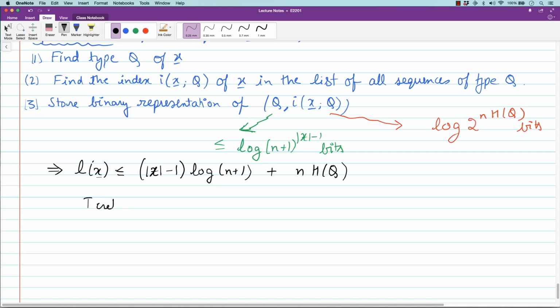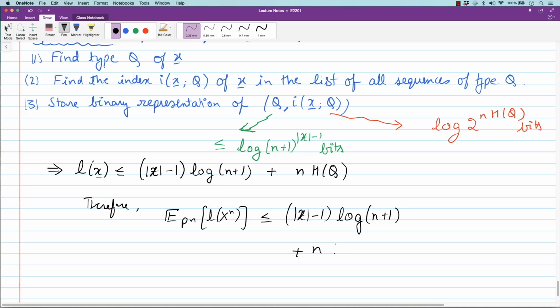Therefore, the expected length under P^n is less than or equal to that plus n times the expected value under P^n of H(p of x^n), the type of x^n.